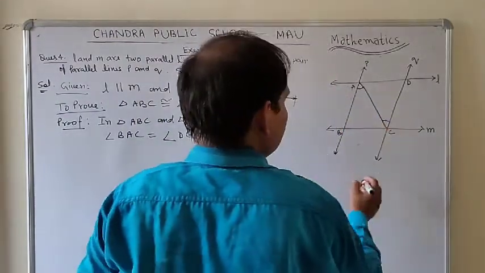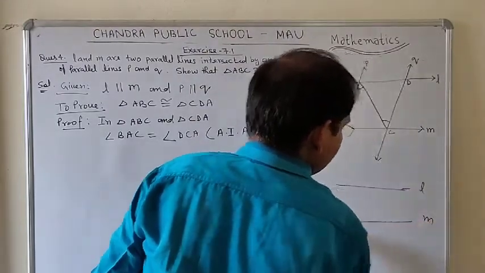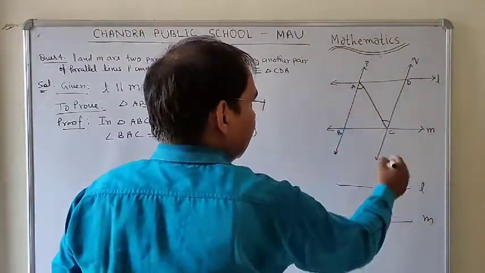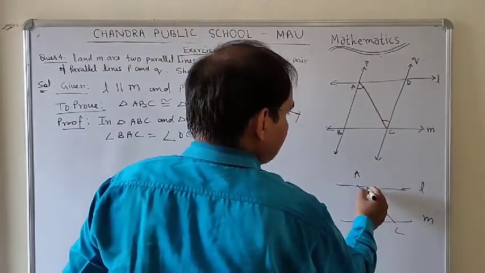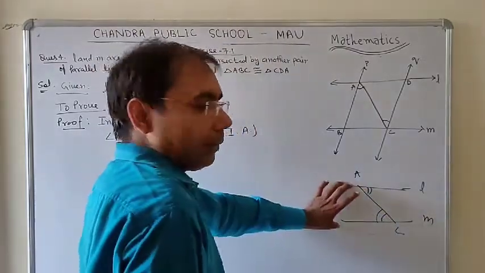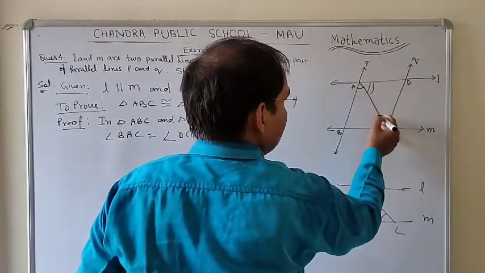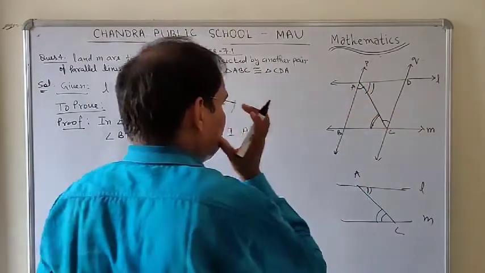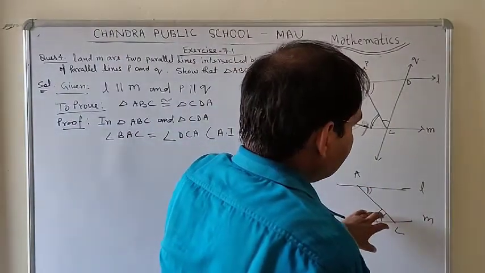Now in the same way, if these two lines are parallel, it is also given that L is parallel to M, and here AC is intersecting like this. So these two angles are alternate interior angles. If these two lines are parallel, these two are also alternate interior angles. It means these two are alternate interior angles and both are equal. If lines are parallel, then alternate interior angles are equal.